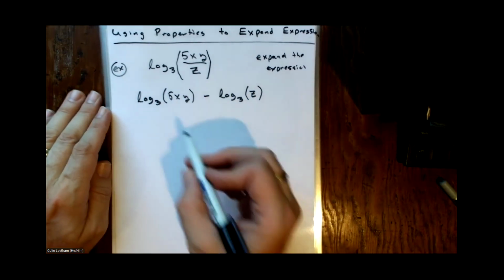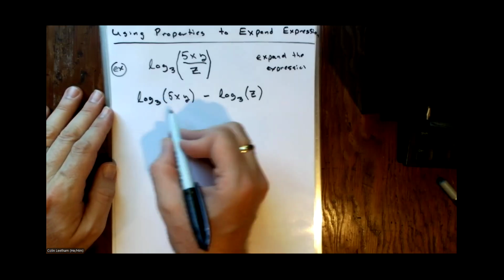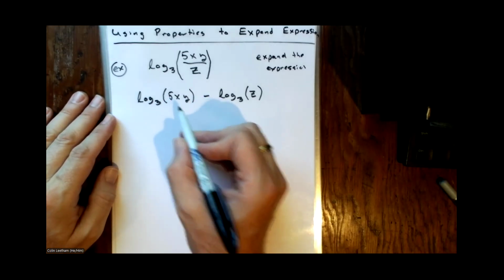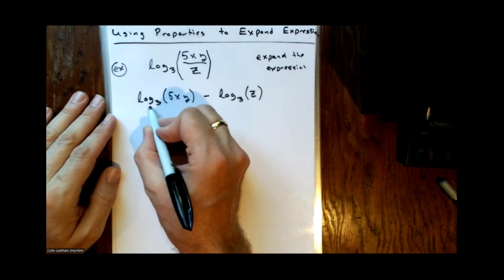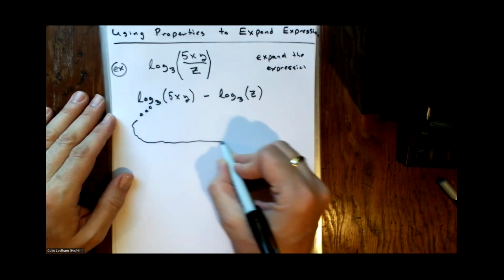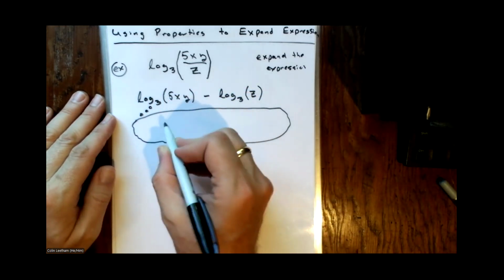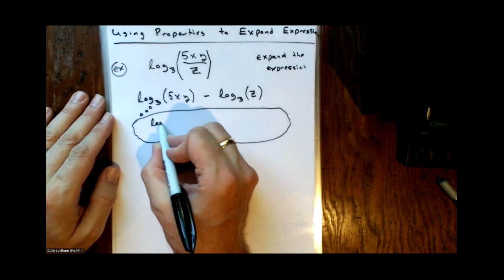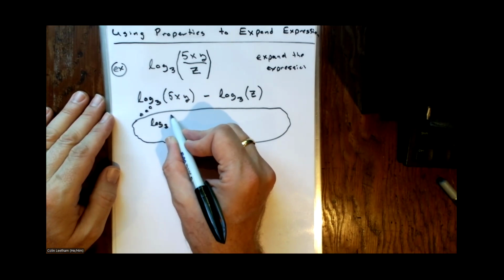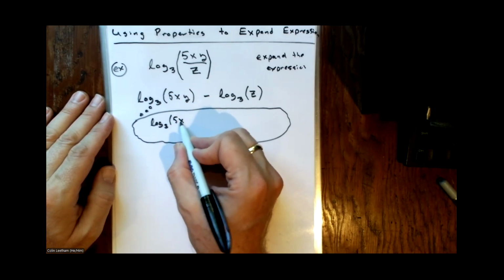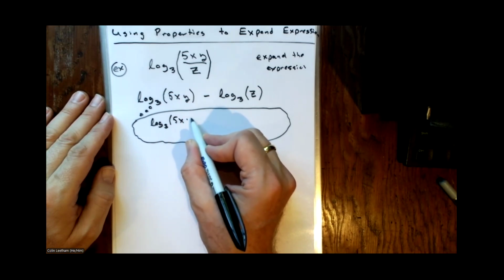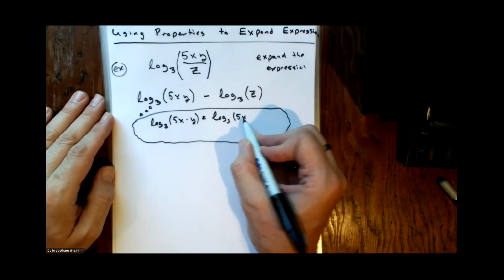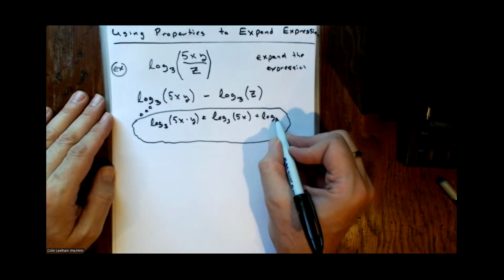And when we think about this, I will be able to break this out, and I'm going to let you in on a little secret right now. This is my own mental process, so I'm going to do this in a little thought bubble, but typically I skip this particular step. If I'm looking at just this log base 3 of 5xy, well, I'd think, oh, that's 5x times y, so that's going to be log base 3 of 5x plus log base 3 of y.